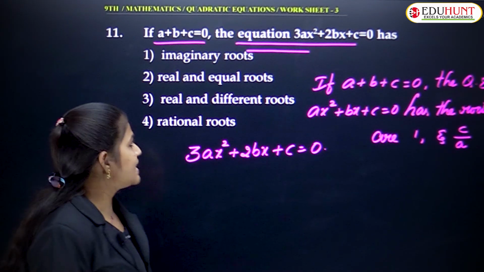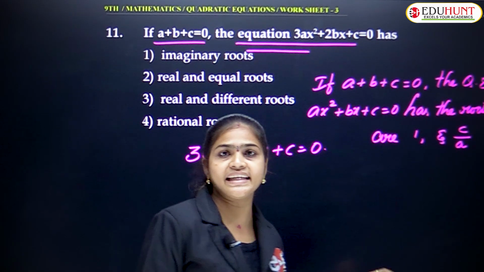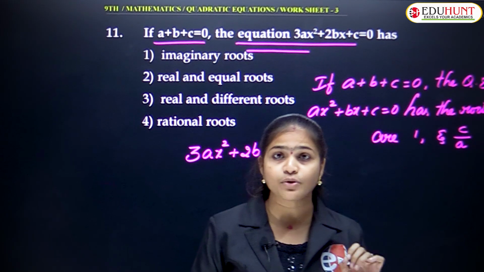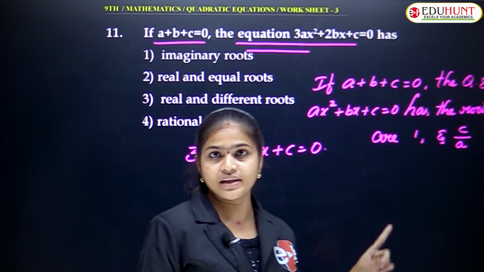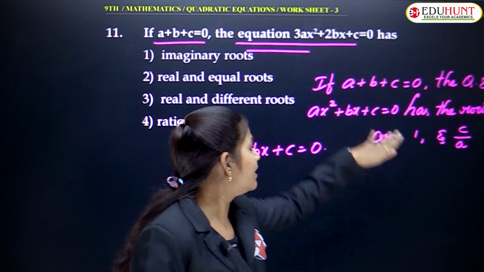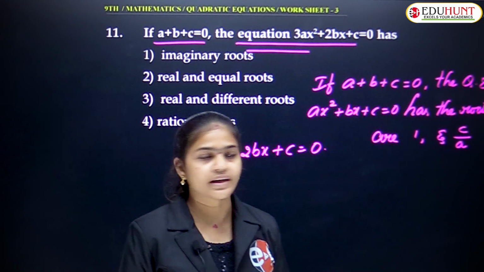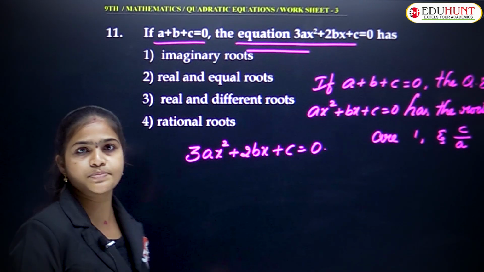See, if a plus b plus c is equal to 0, then the quadratic equation ax square plus bx plus c is equal to 0 has roots: 1 is the common root and the other root is c by a. The explanation for this point I will tell you in that concept. So depending on that point, we will discuss this problem.